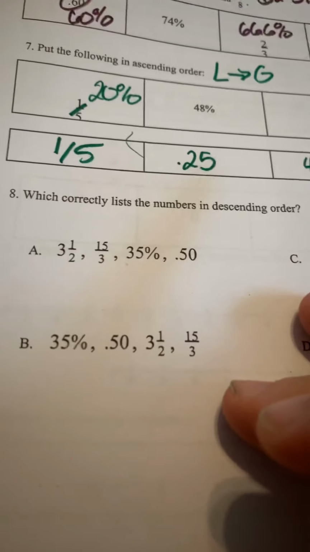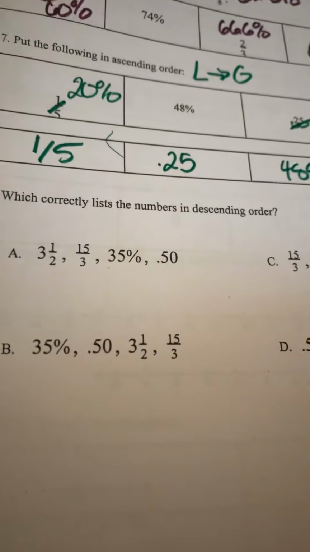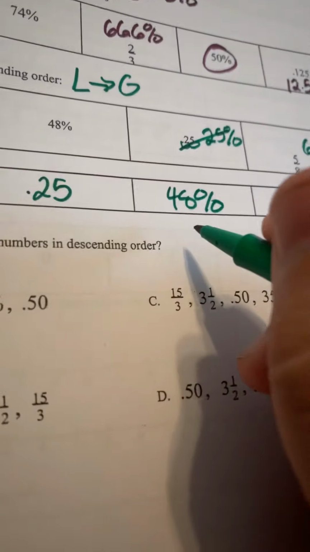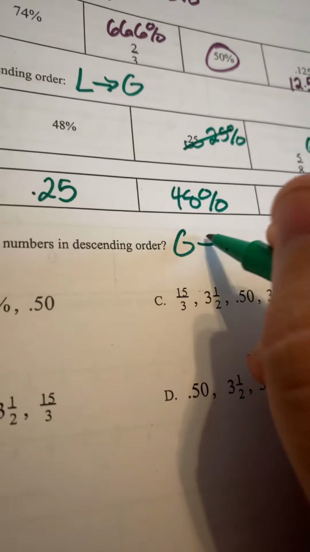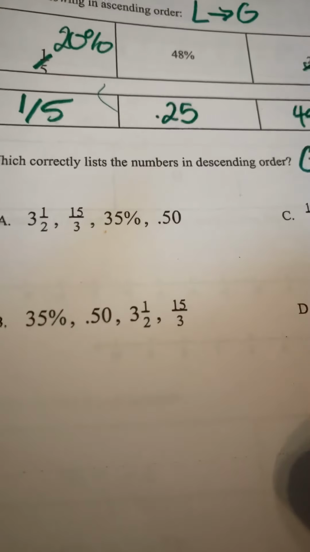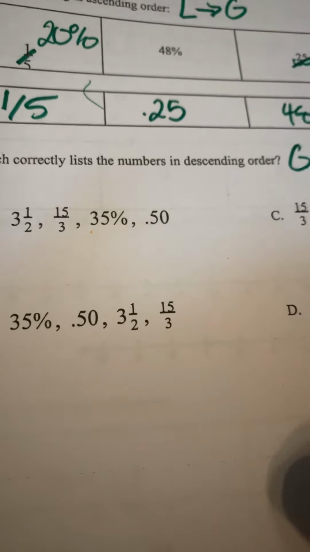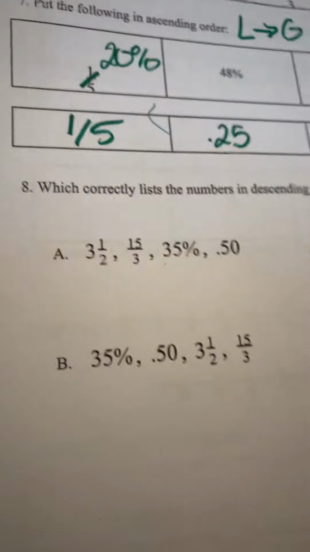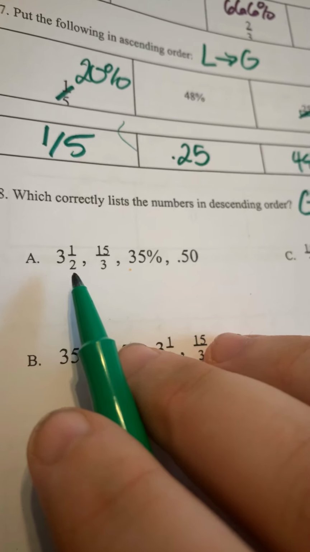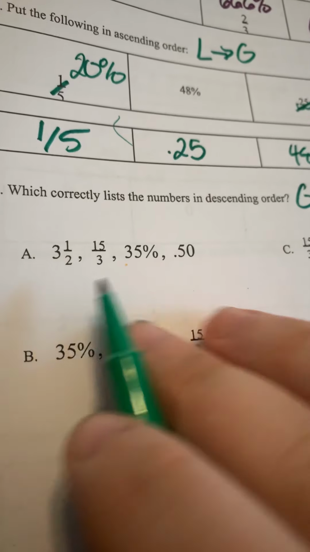All right, last one. Which correctly lists the numbers in descending order? Okay, so descending is going to go from greatest to least. Now, what I want you to notice first is they give us a mixed fraction. So let's get all of these into decimals first.